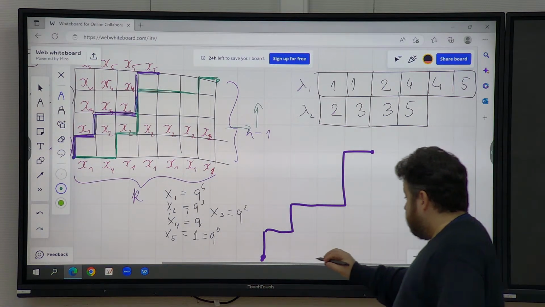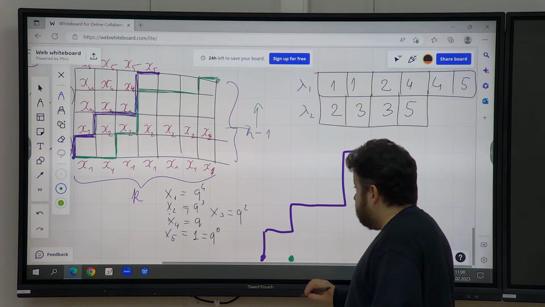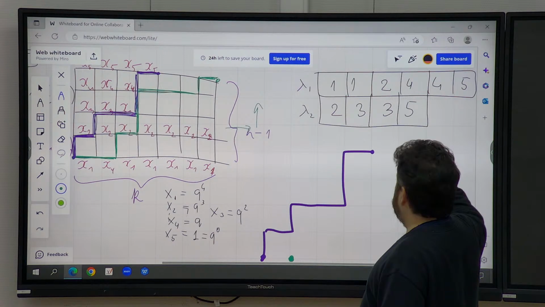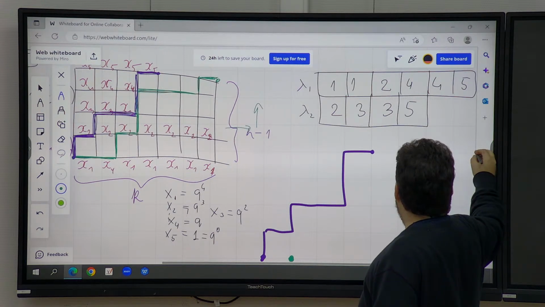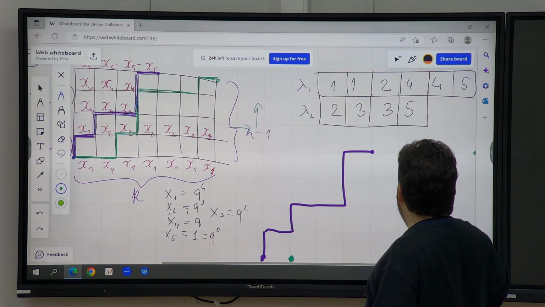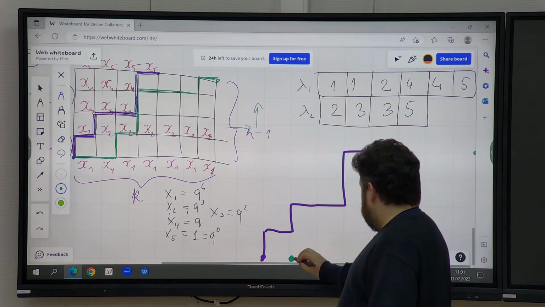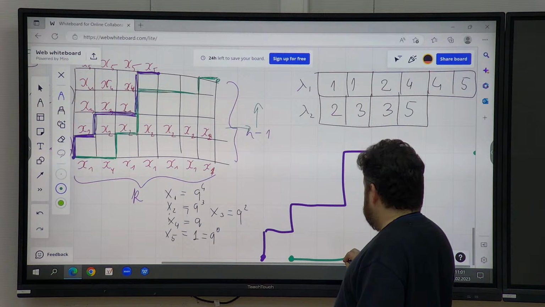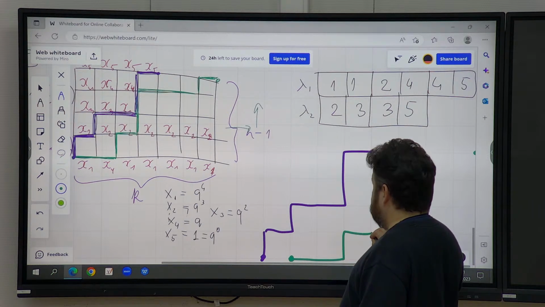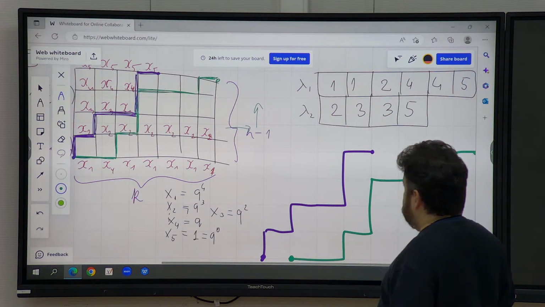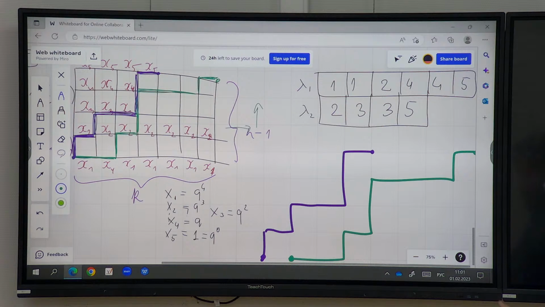Let me shift it by 1. So it starts here, ends over there, right? And it works like this: 1, 2, 1, 2, 1, 2, 1, 2, 3, something like that. And the weights are still the same.